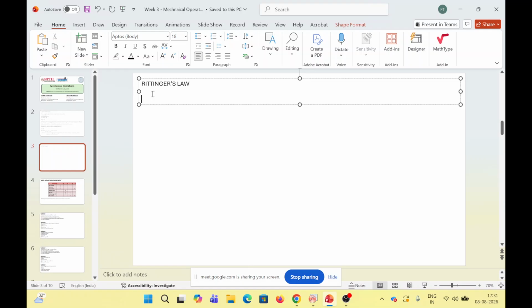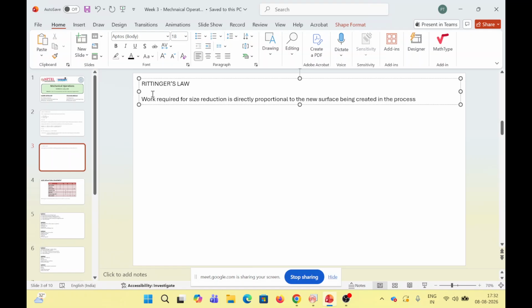So Rittinger's law, what it actually says is, first I'll give it as a statement, then I'll write out the formula. The work required for size reduction is directly proportional to the new surface being created in the process.